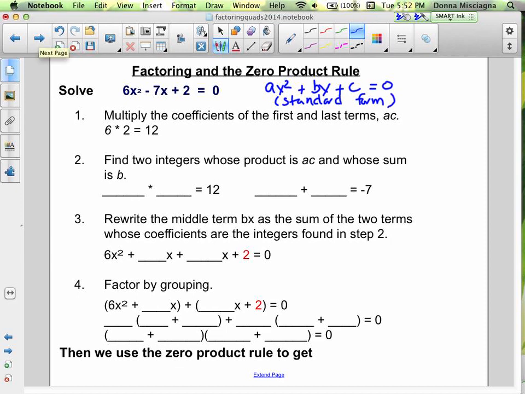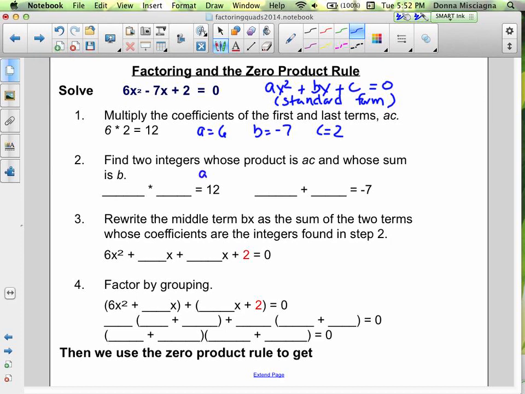All right, so now, just like before, a is 6, b is -7, and c is 2. We multiply a times c, so 6 times 2 gives us 12. We need two numbers that multiply to give us 12 but add to give us our b term of -7.